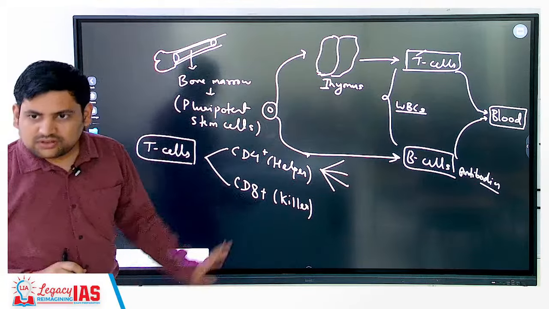Now, if any pathogen enters your body or anything gets infected, WBC fights it. How does WBC fight it? It produces B cells. B cells produce antibodies. Antibodies fight that particular pathogen. T cells have two functions. One is helping the B cells, which is helper T cells, and the other is killing those cells which are already infected.